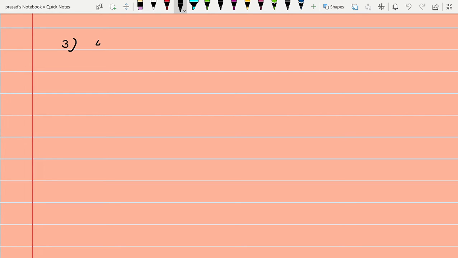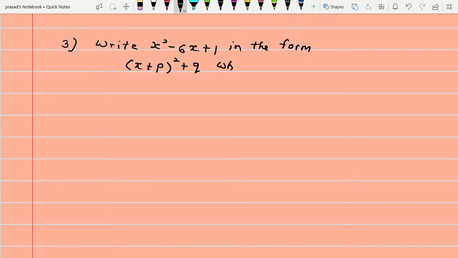Write x square minus 6x plus 1 in the form x plus p the whole square plus q, where p and q are constants to be found.